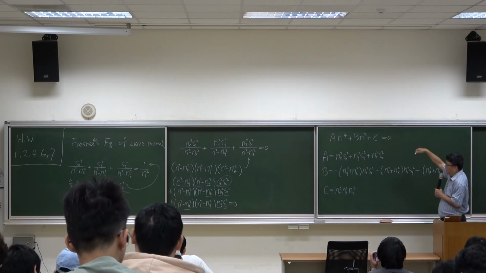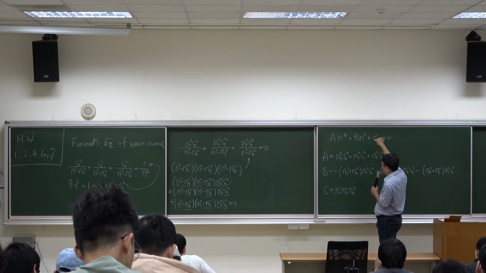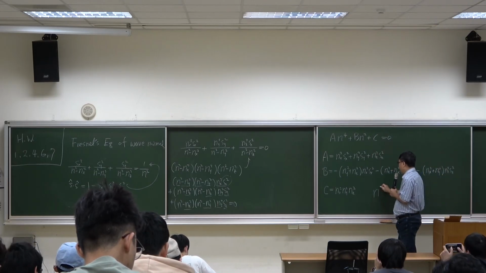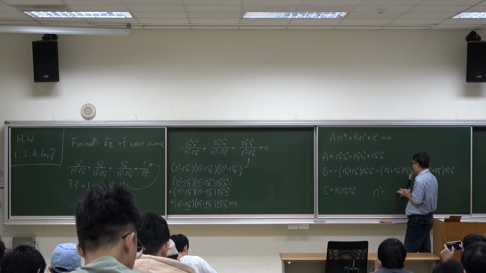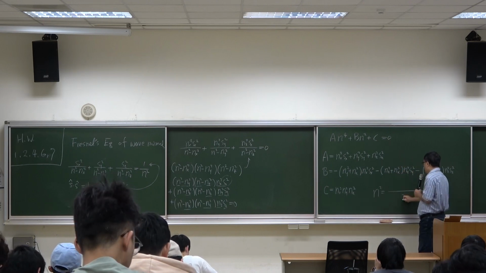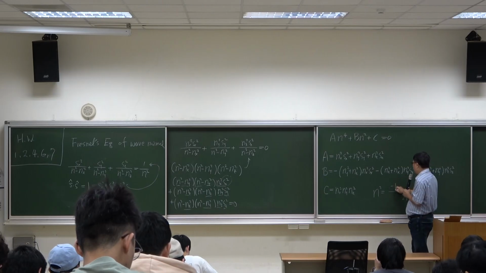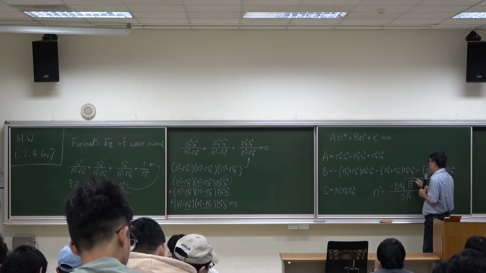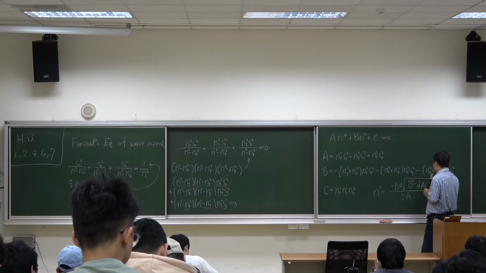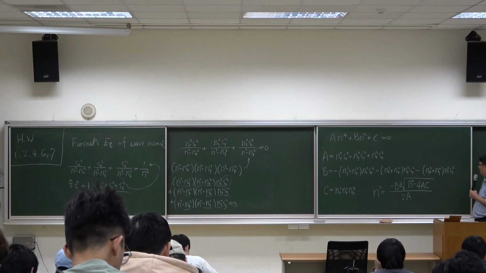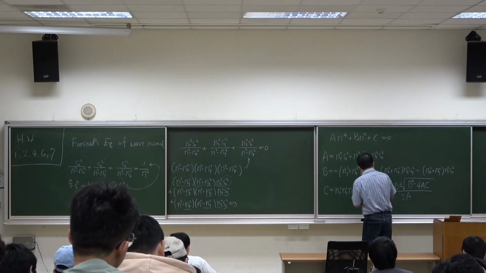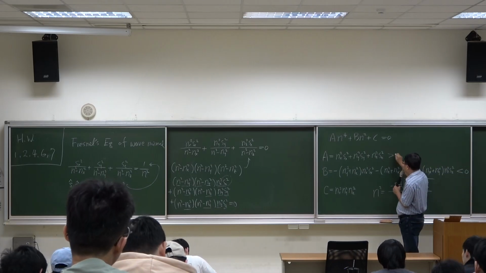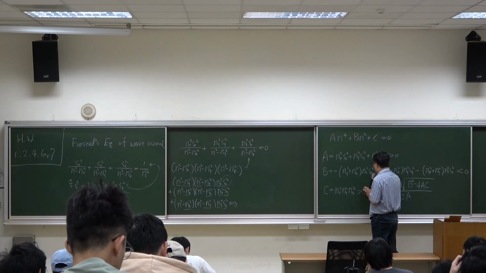So once you solve, you get this equation, you can solve for n squared. The solution of n squared is equal to this. You note that B is negative, A is positive, and C is positive.